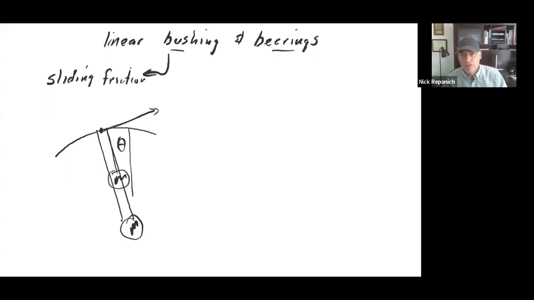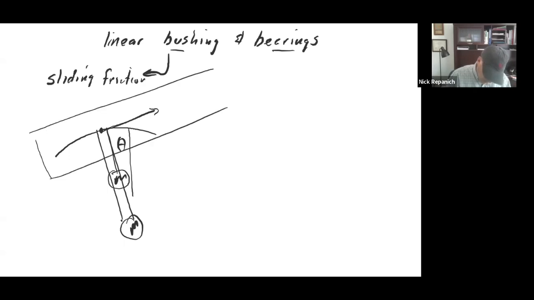Why would you want to do that? Well, let's say that you had a conveyor, and you're asking the robot, this is Mr. Robot here, to come over and pick up some object, and this conveyor is moving in a line.